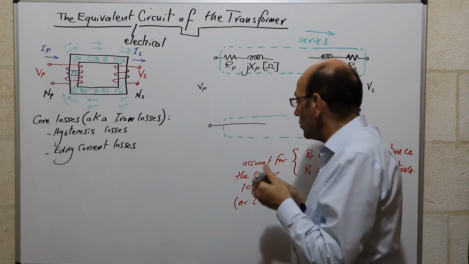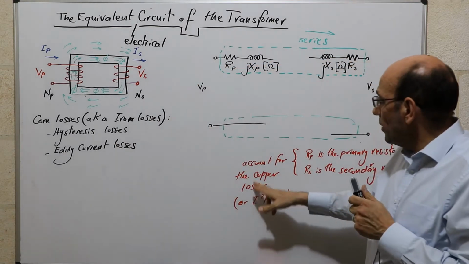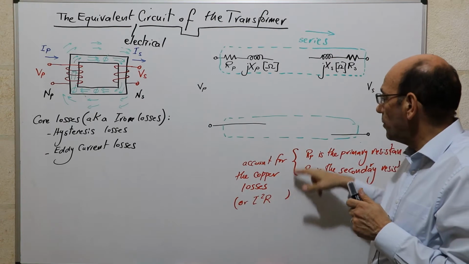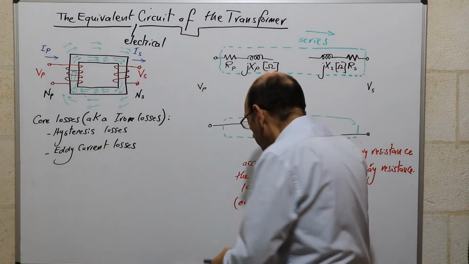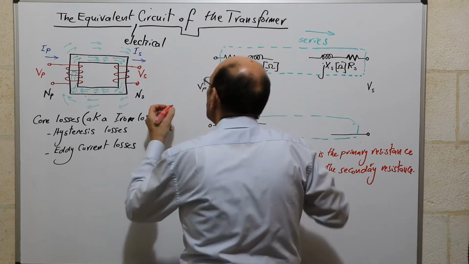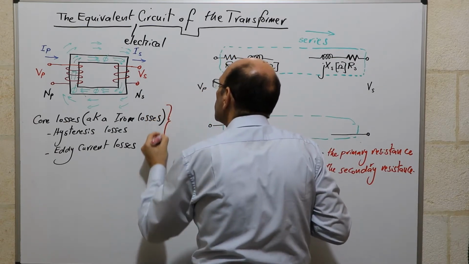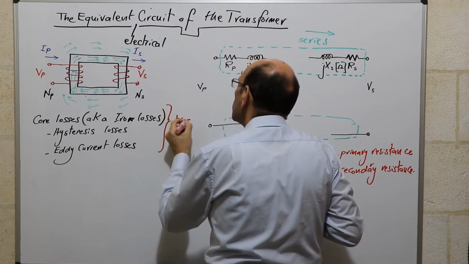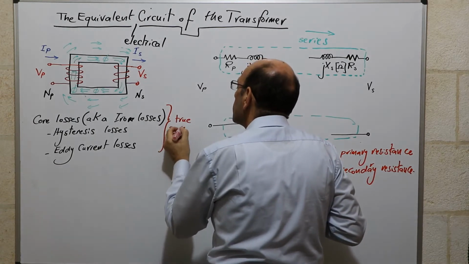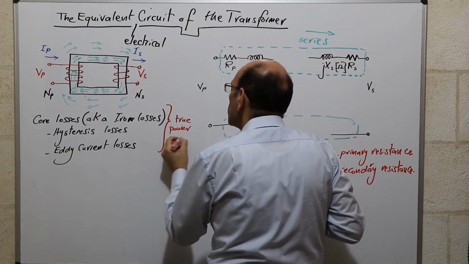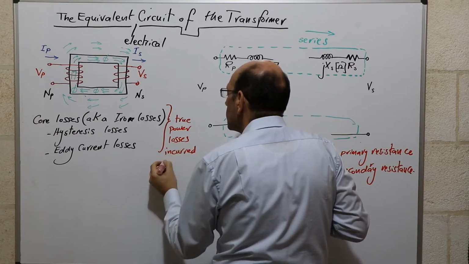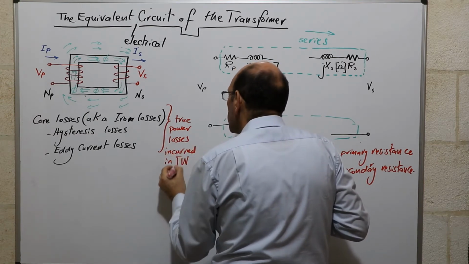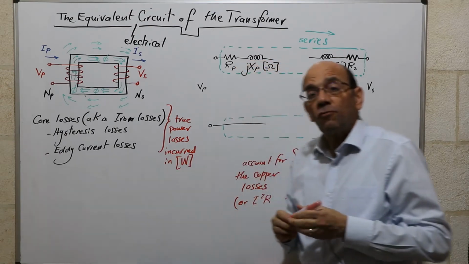And these are true losses. So in a similar way, like we had copper losses here for the series components, we also have true losses. And these are true power losses. And they have units of watts.